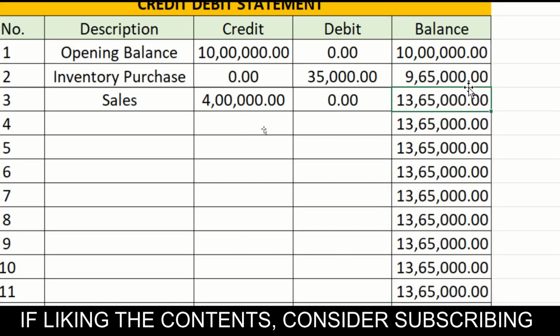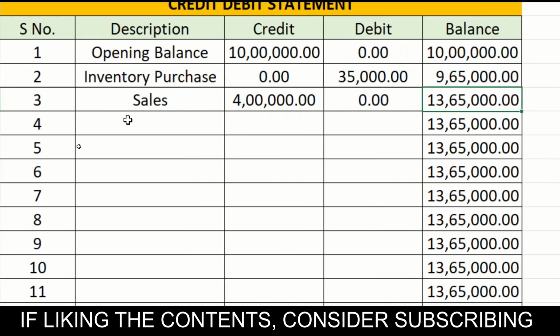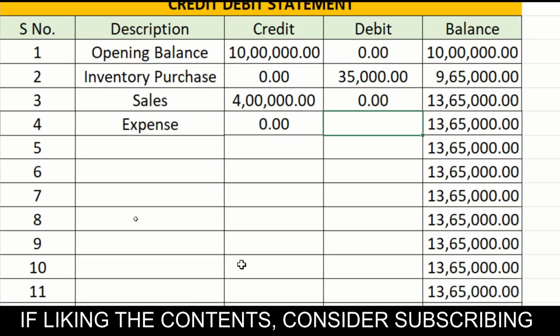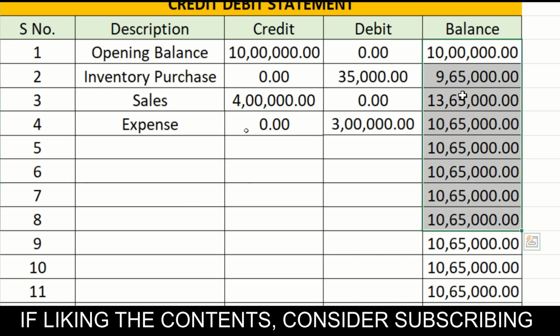Okay, you can see everything is working perfectly. So let's try one more example like expense, the debit will be maybe 3 lakhs. Perfect. Everything is getting updated real time.